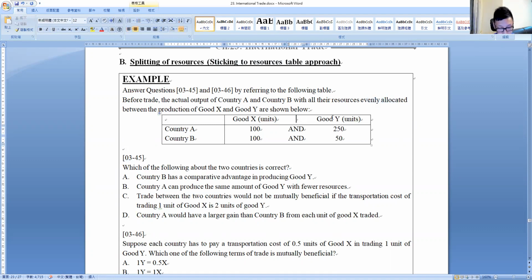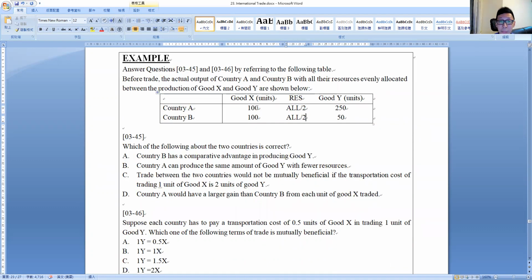So what does that mean? It means that the resources they use will be all divided by 2. All divided by 2 can either make 100 or 250.